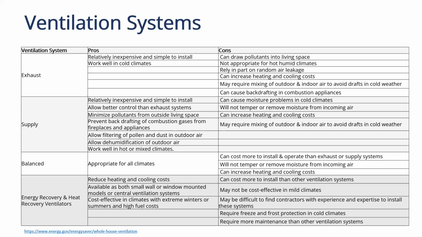I won't read through all of those, but basically what we're shooting for is more of that balanced ventilation. With the ERVs and heat recovery ventilators, so energy recovery or heat recovery ventilators, you're getting balanced ventilation, but you're also getting 2 fans. So you're not just bringing in supply or exhausting, you're doing both supply and exhaust.